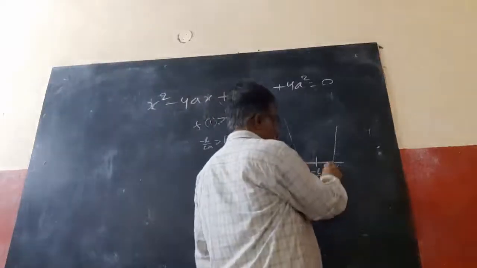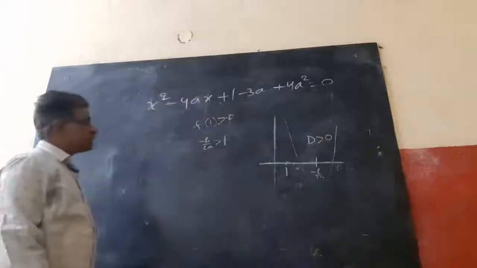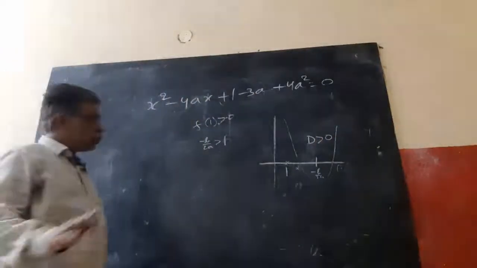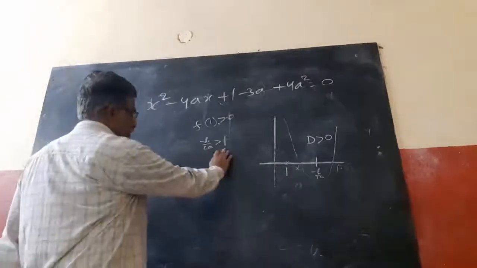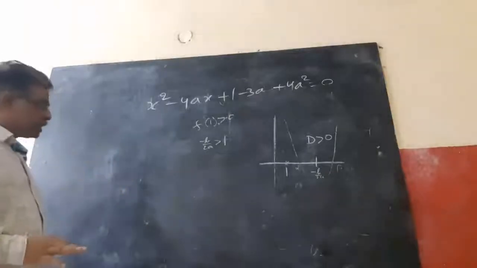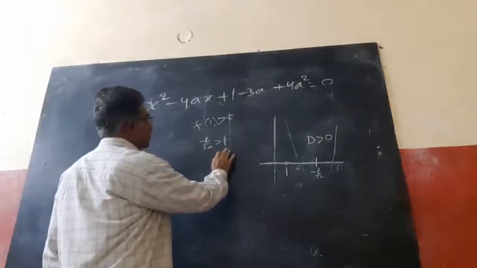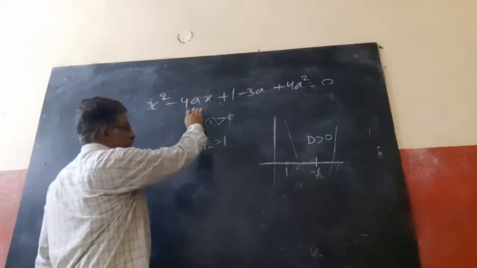It contains two roots, means the discriminant must be greater than 0, I told. Now, depending on all these conditions, first of all we'll go for this, then this and the discriminant, step by step. So first I will go for this. What is minus b by 2a? This is ax square plus bx plus c.